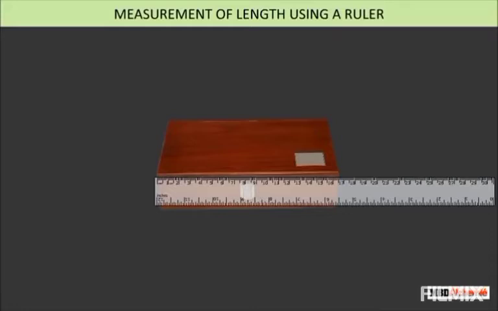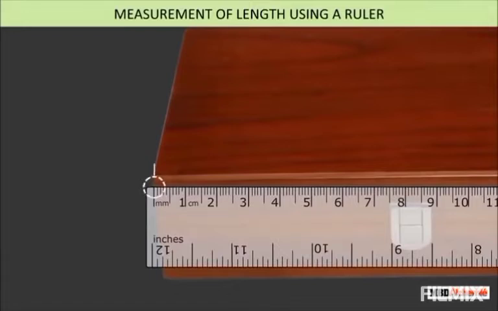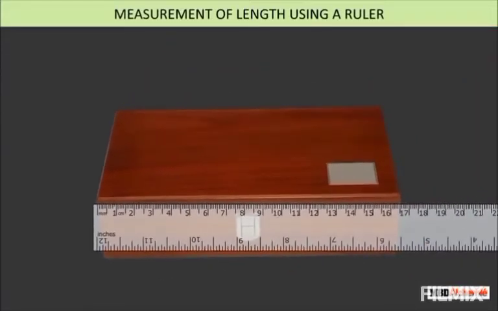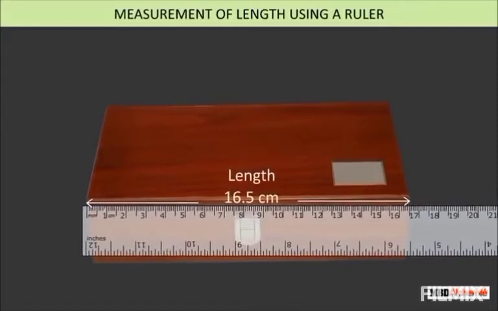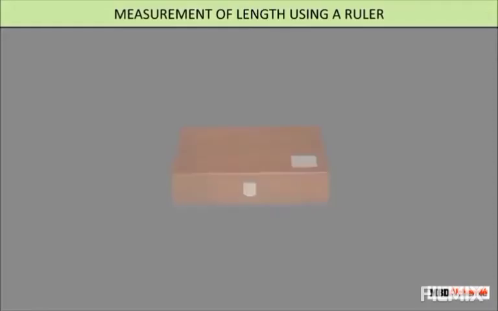For that we place the 0 of the scale at the beginning, at the first point. Then we can look at the other end and read the measurement. The length of the box is 16.5 centimeters.